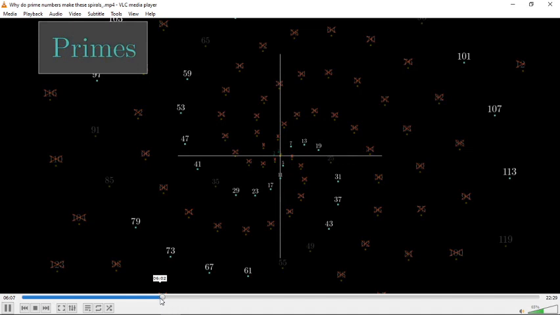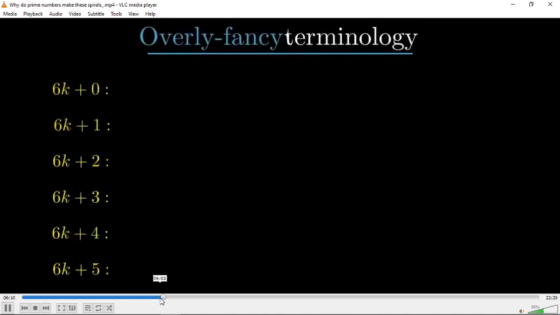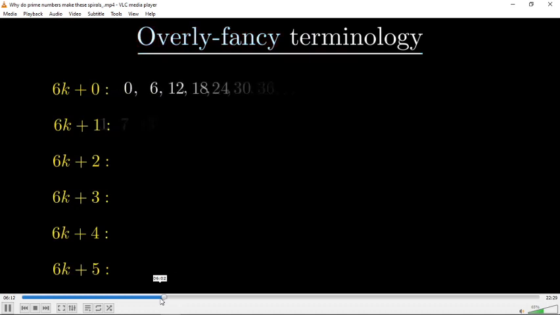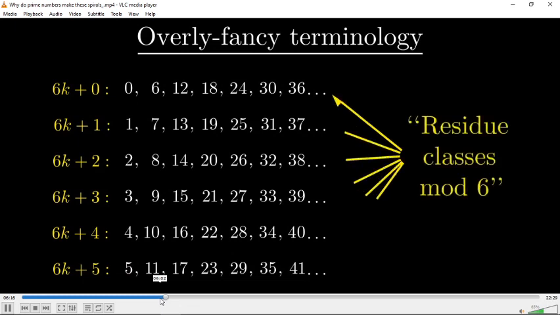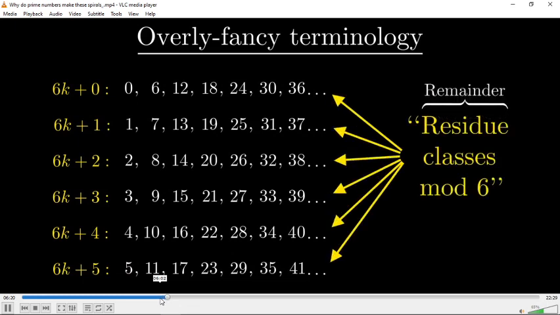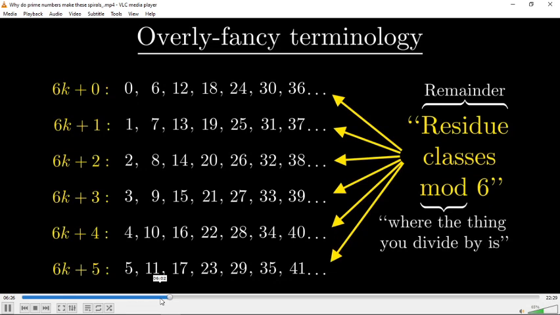And while we're in this simpler context, let me introduce some terminology that mathematicians use. Each one of these sequences, where you're counting up by 6, is fancifully called a residue class mod 6. The word residue here is sort of an overdramatic way of saying remainder, and mod means something like where the thing you divide by is.